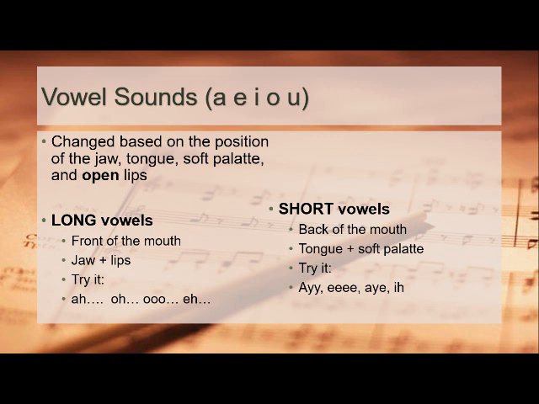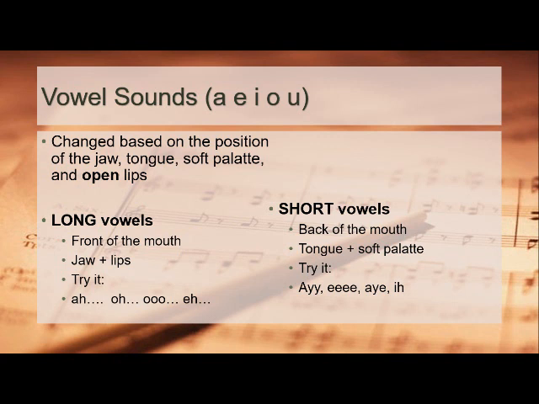Our long vowel sounds are created in the front of the mouth, so there's very little going on with my soft palate or my tongue for these sounds. Instead, the sound is controlled by the position of my jaw and the shape of my lips.